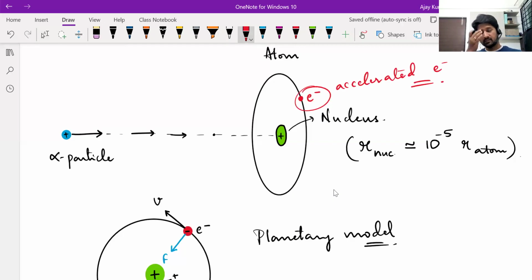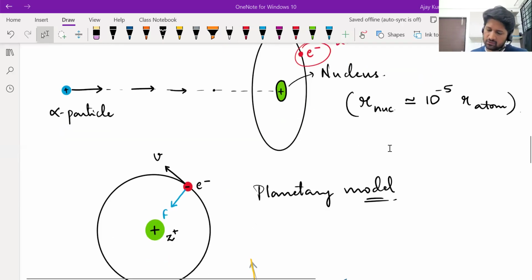Okay. And we discussed in the chapter on electromagnetic waves that accelerated charges radiate energy in the form of electromagnetic waves. So what should happen is this electron which is revolving around the nucleus should continuously emit electromagnetic radiation and lose energy. And if the electron loses energy, it should slow down.